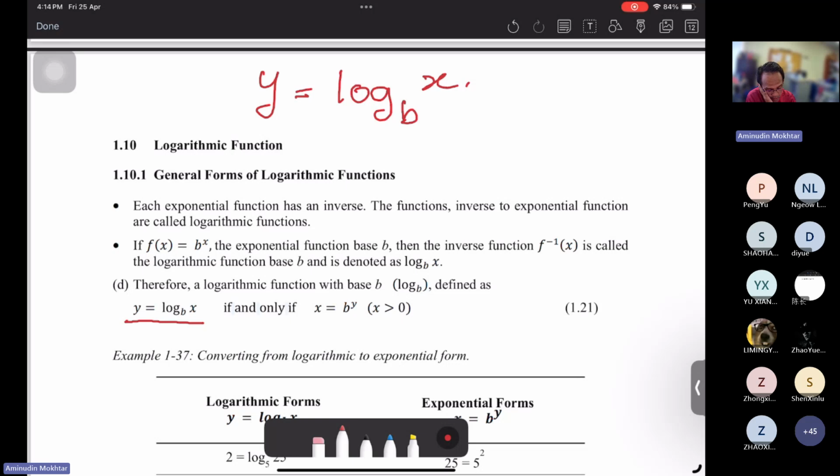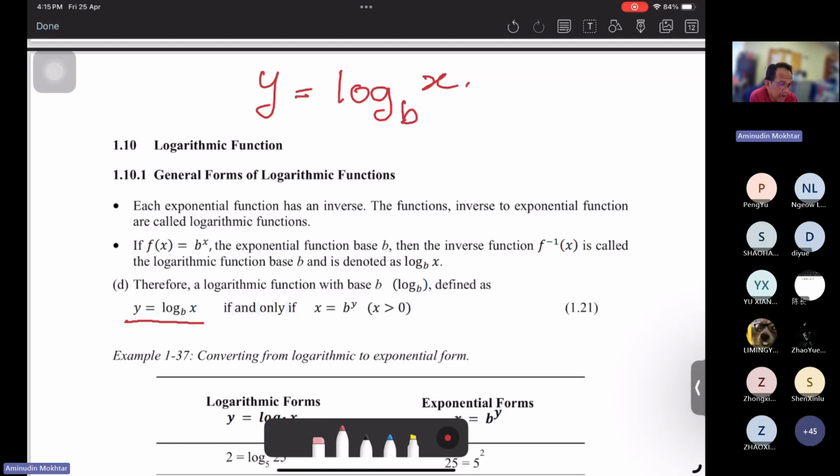If f(x) equals b to the power of x, the exponential function with base b, then the inverse function of the exponential is called the log function base b, and we can write this as log_b x. So there is a relationship between these two types of functions, between log and exponential.